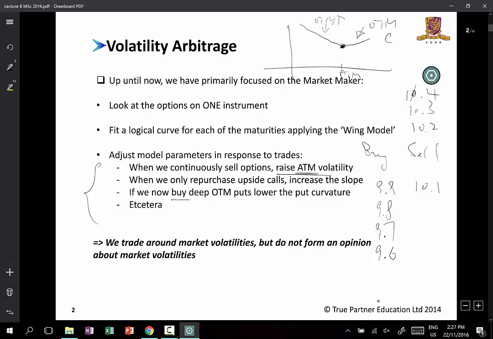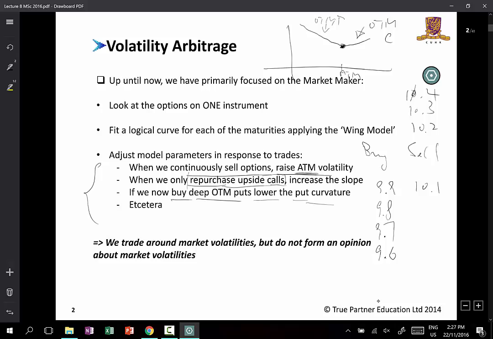So if you are buying a lot of deep out of the money puts and you keep buying and buying, the more you buy, the more you're going to drop your price. That's why you lower the volatility.